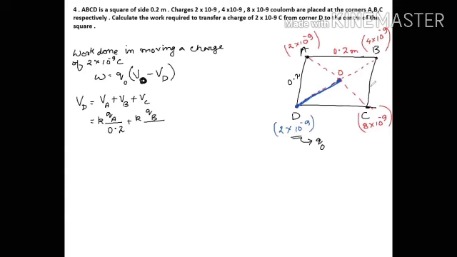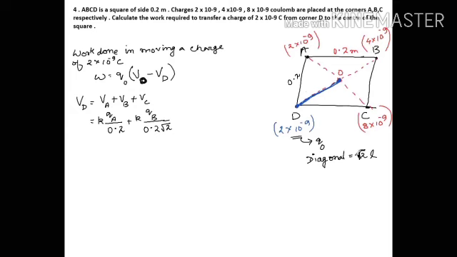For any square, your diagonal length is always root 2 L. Now in this case, our L value is 0.2, so it is 0.2 root 2.